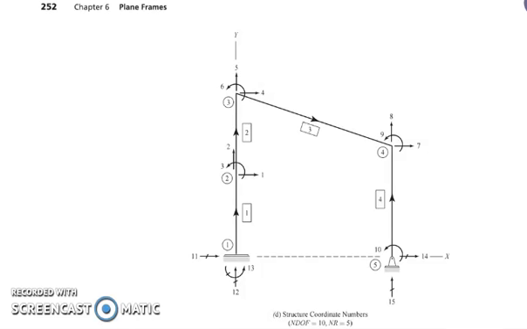So we have to take note, class, that for the plane frame, our degrees of freedom are subjected to displacement known as translation and rotation. So which means that we have rotation and translation for the displacement on our plane frame.